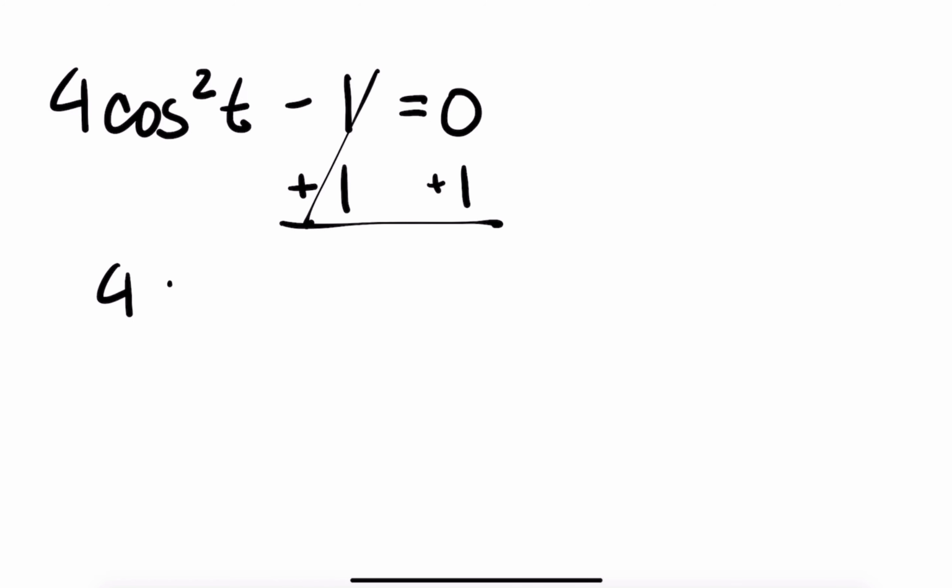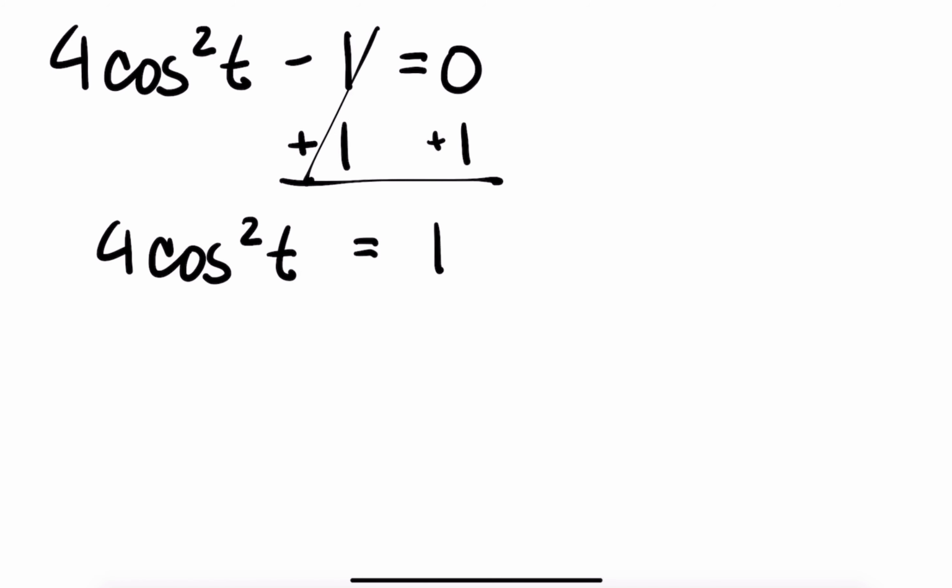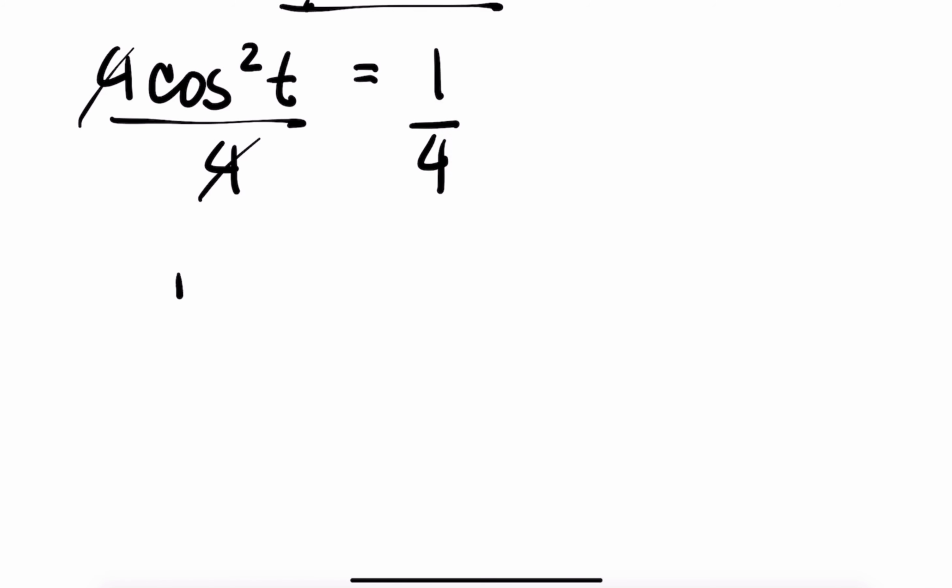So we have 4 cosine squared of t is equal to positive 1. Again, I want to isolate the trig function, so I'm going to divide both sides by 4. And that would give us cosine squared of t is equal to 1/4.